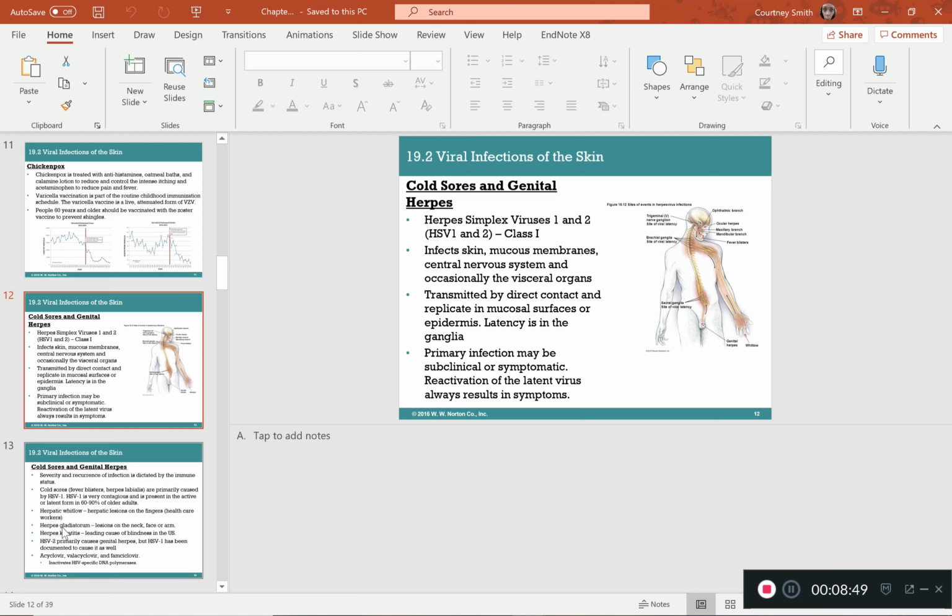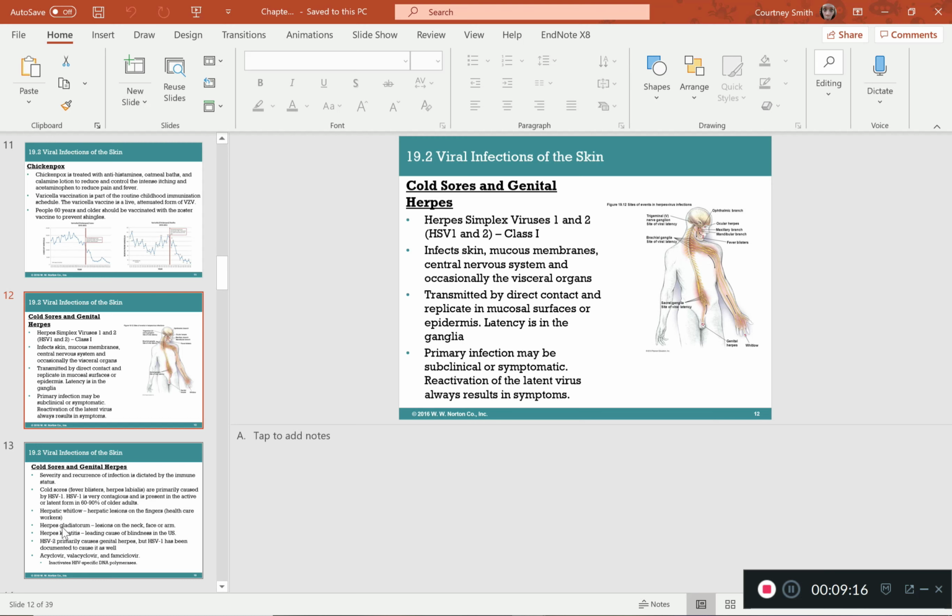But generally before and after an outbreak, there's what's called asymptomatic shedding. You don't have any physical presentation of it, but you still have viral particles on your skin that you are shedding until you get essentially new skin. That is a lot of times where it will happen.